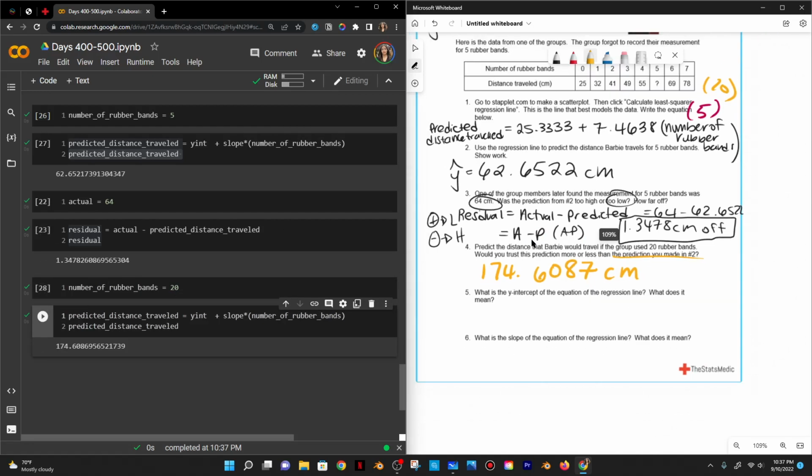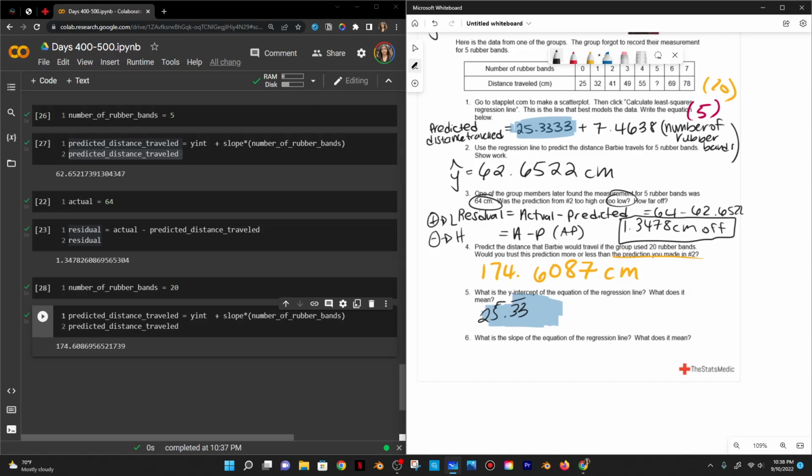All right, so number 5 is asking, what is the y-intercept of the equation of the regression line? What does it mean? The y-intercept, let me use a highlighter, is this over here. So the y-intercept is 25.33 repeating. What does it mean?